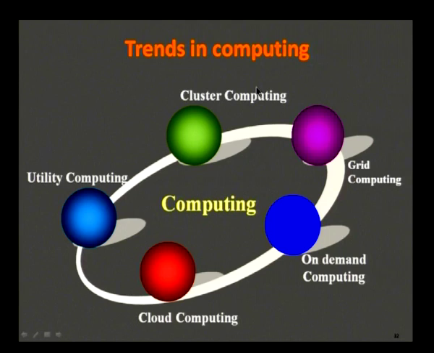Then from cluster computing, we developed grid computing. In grid computing, we want enormous computing power for certain applications such as weather forecasting, CFD applications (computational fluid dynamics), or some satellite applications. Whenever you want very high end computing, we go for grid computing.